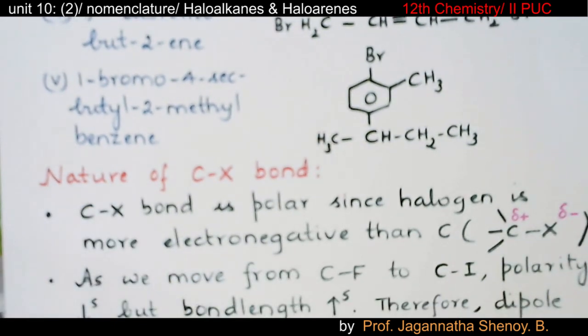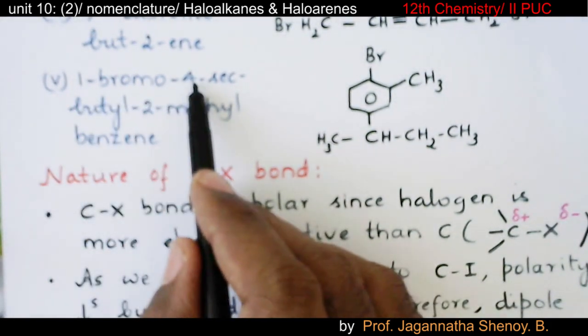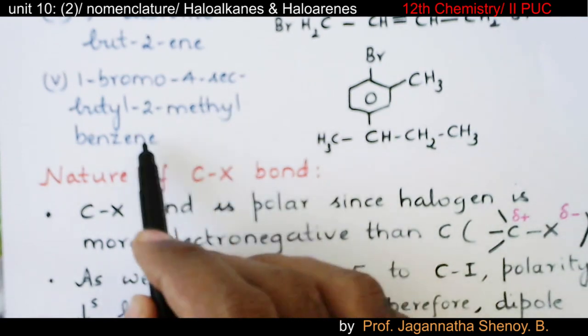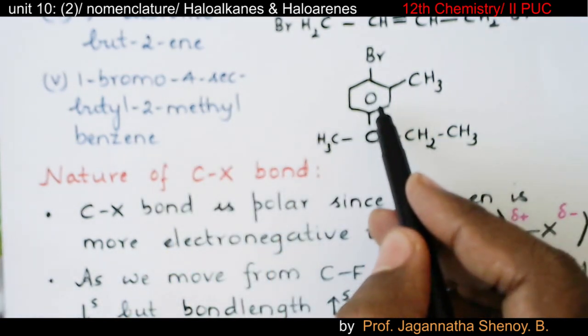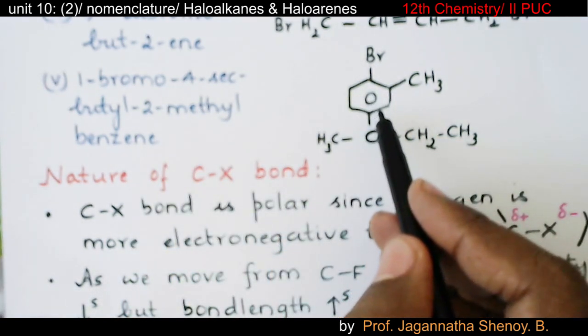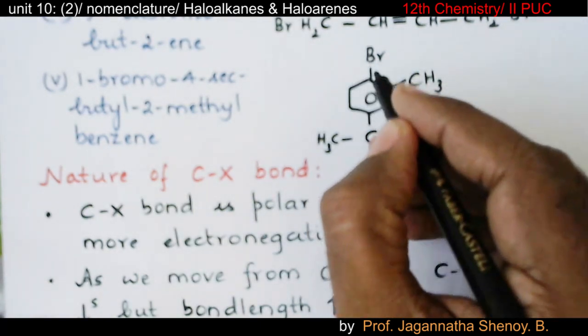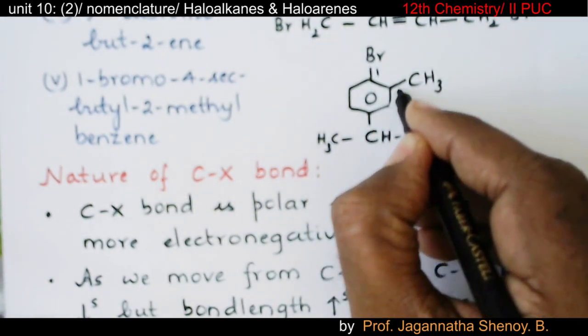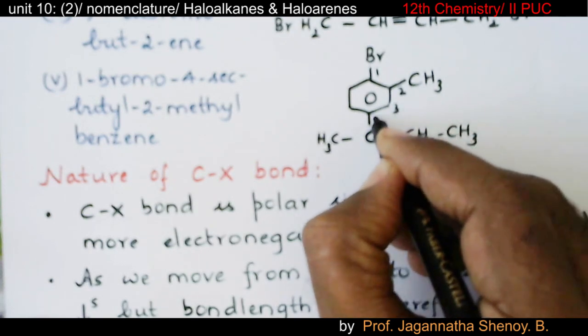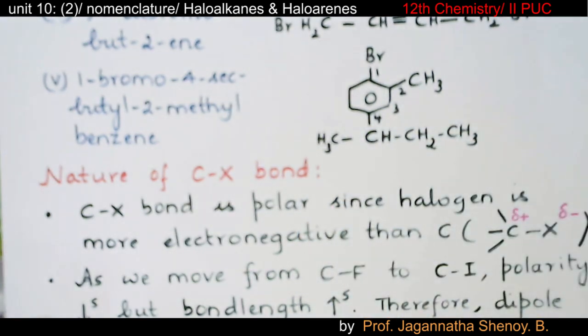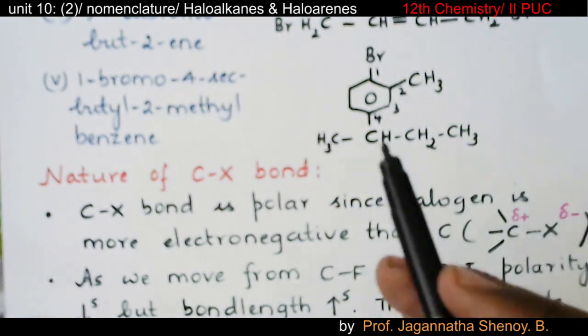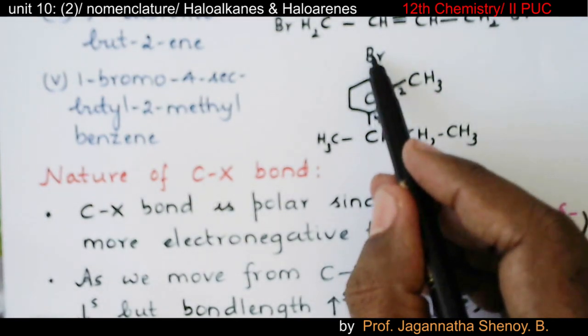Coming to the last example. Now, 1-bromo-4-secondary butyl-2-methylbenzene. First draw the structure of benzene and then I can go on numbering it. Let us say this is the first carbon atom, this is the second, third, and here we have the fourth carbon atom. So on the first carbon atom, a bromo group.